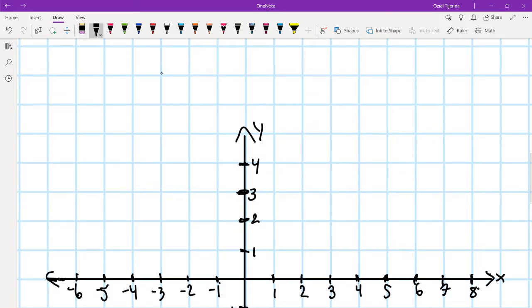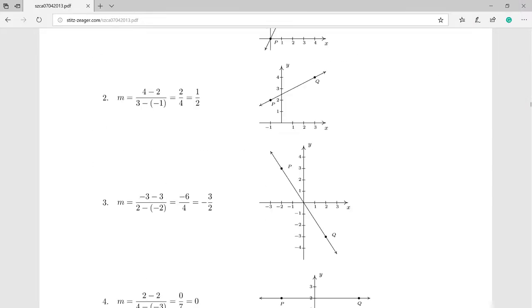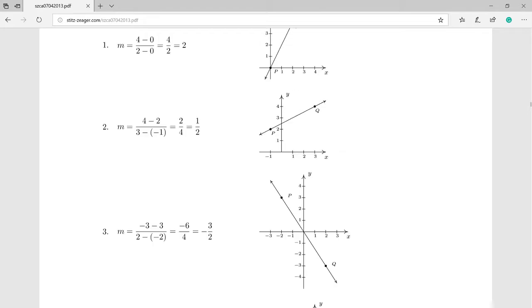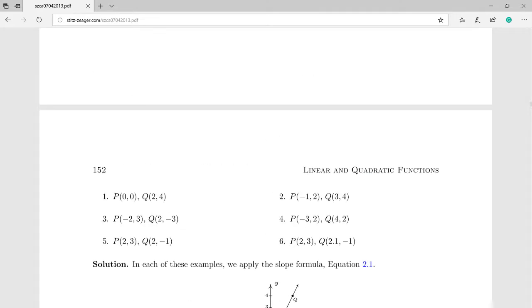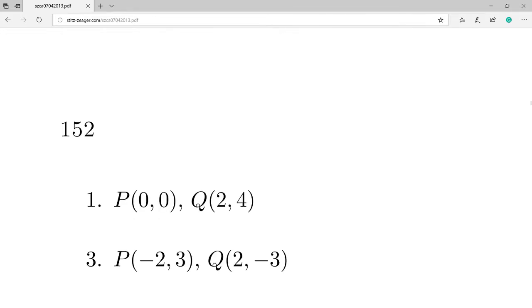Let me look at the examples really quick. Actually, let me do these first.